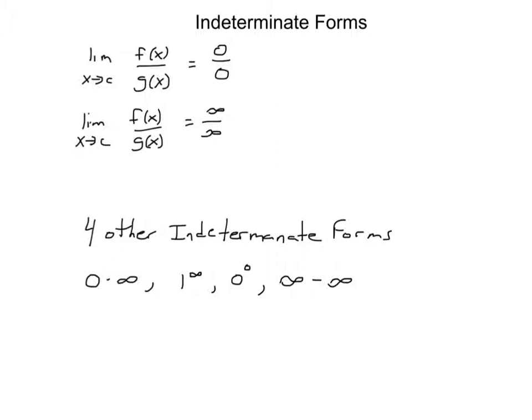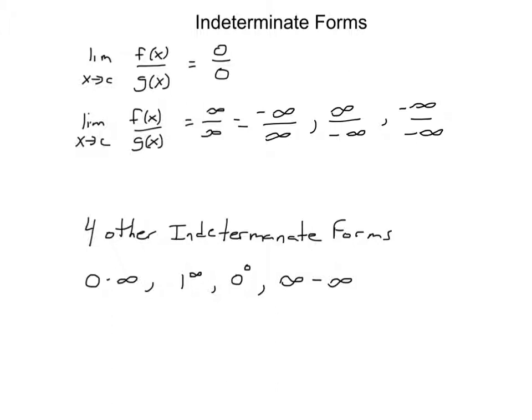The infinity over infinity does include the different ways of coming up with that. You could have infinity over infinity, or negative infinity over infinity. That's indeterminate, as well as infinity over negative infinity, or negative infinity over negative infinity. Those would all be indeterminate forms of this particular form here.